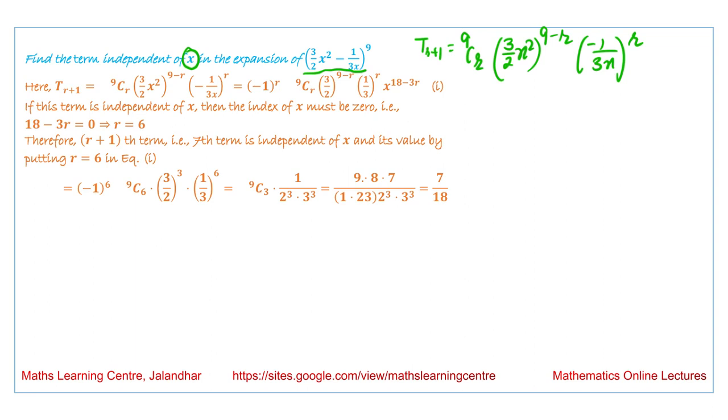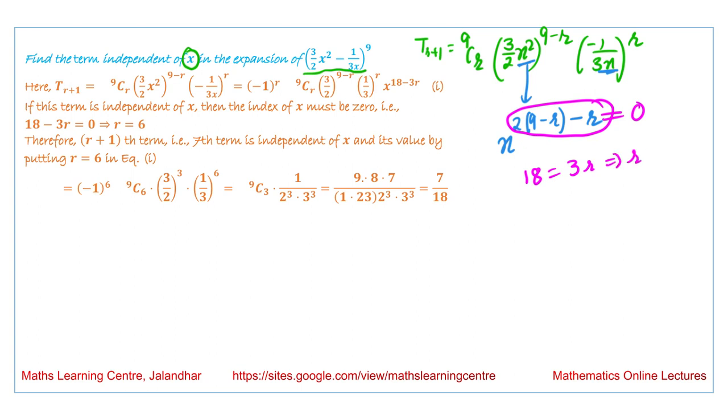Now for the term independent of x, the total power of x is x^(2(9-r)) from here, minus r, and this should be equal to 0. So we obtain 18 = 3r. So this implies r = 6.